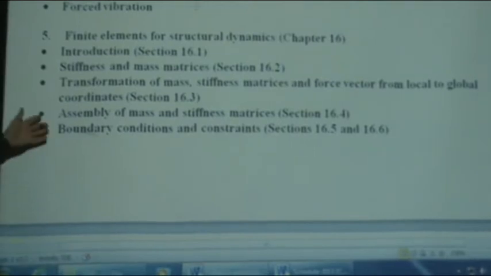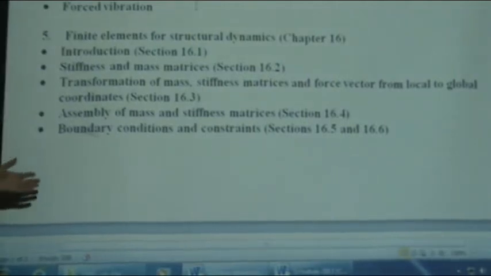In practice, very rarely we use directly the equations for continuous systems. We'll use this finite element method to find the vibration of a system. This is a very general numerical method, and this is what we'll use in practice.